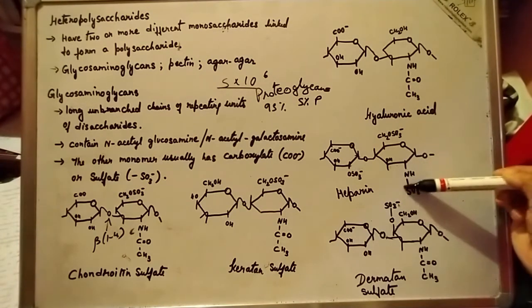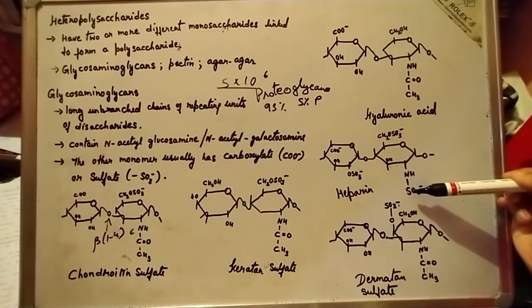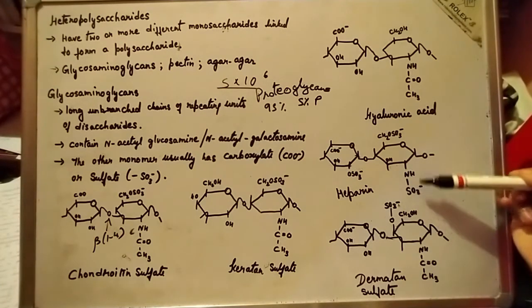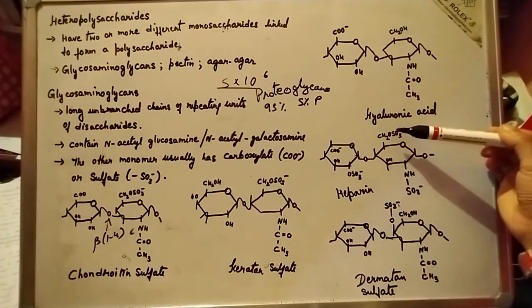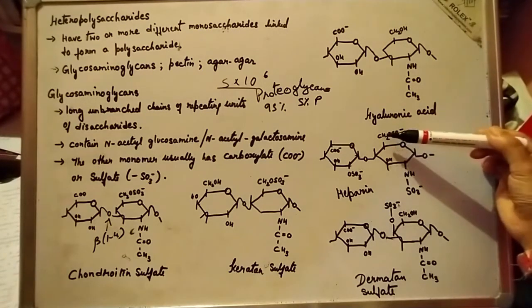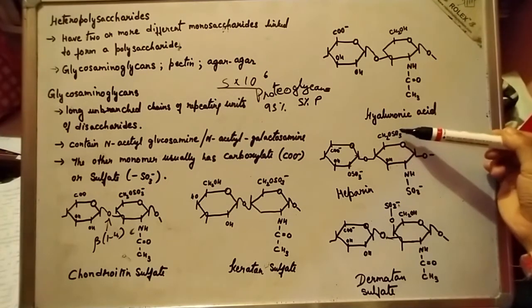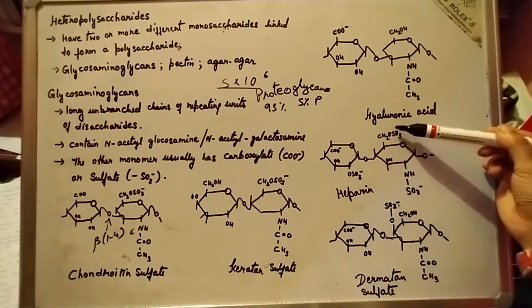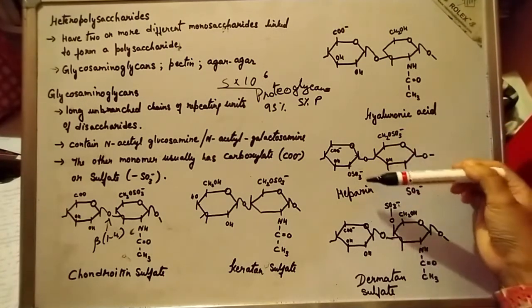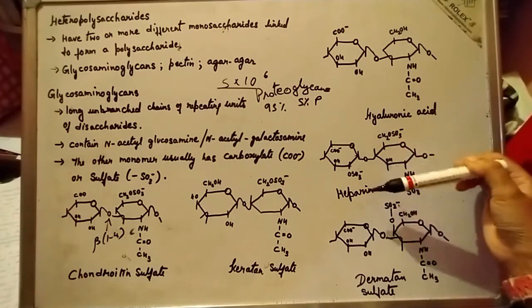You can see here where the acetyl group has been replaced by the sulfate group. Now another sulfate replaced the OH group at carbon number 6. Here we usually have the CH2OH group, but the hydroxyl group has already been replaced by the sulfate group. So this is the structure of heparin.